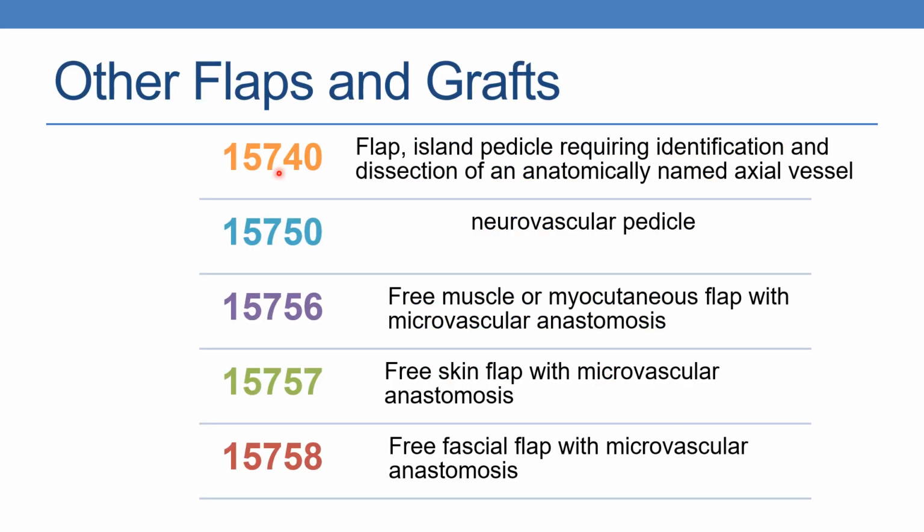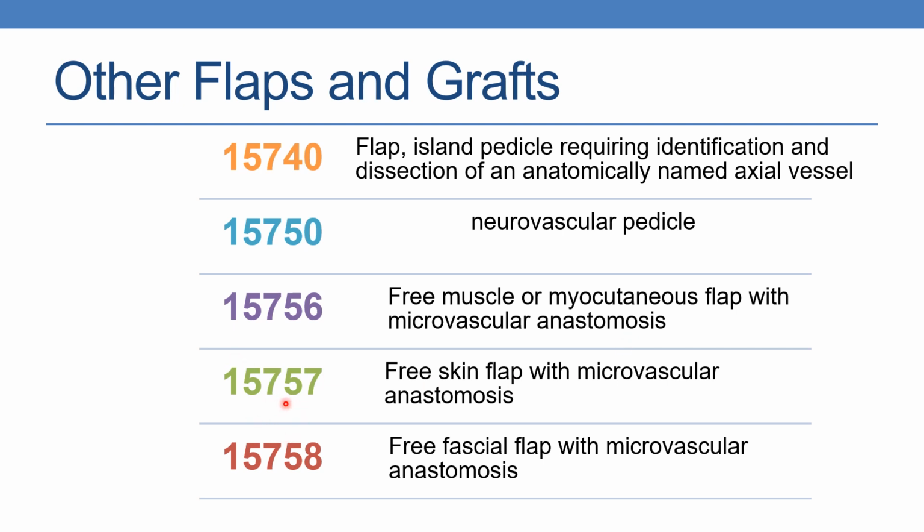Now coming to the first CPT 15740, which is nothing but flap, island pedicel requiring identification and dissection of an anatomically named axial vessel. Now next is 15750, flap, neurovascular pedicel. The next is 15756, free muscle or myocutaneous flap with microvascular anastomosis.